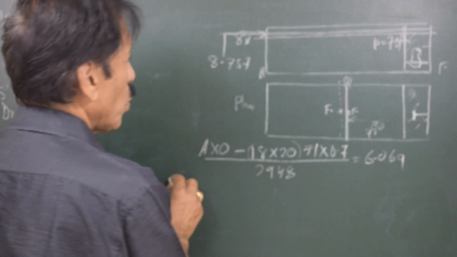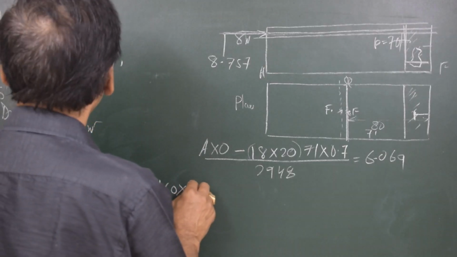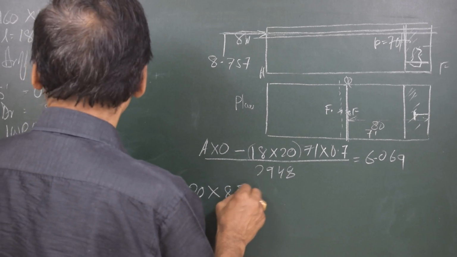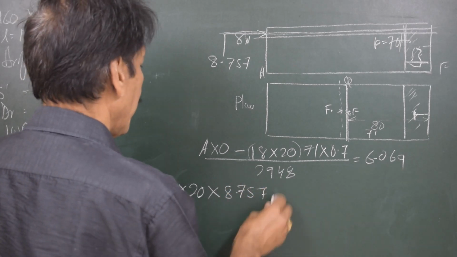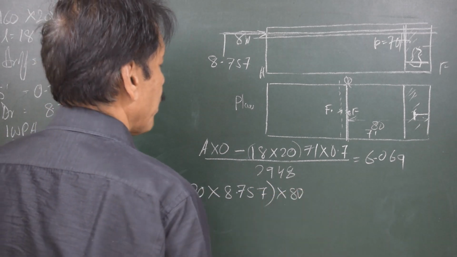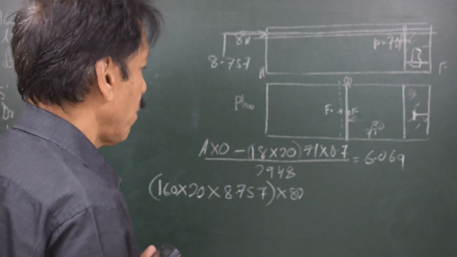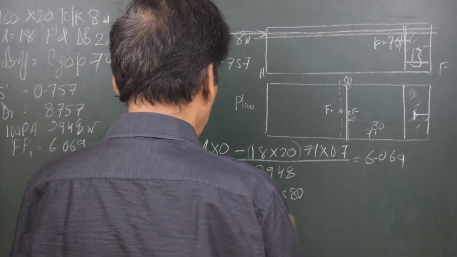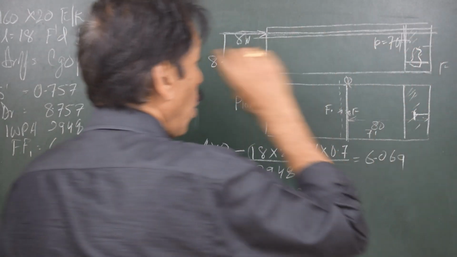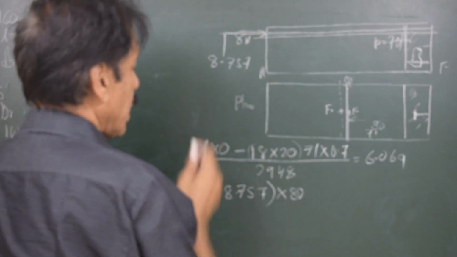First of all, the total volume. Total volume would be 160 into 20 into 8.757. This is the volume multiplied by distance, that is 80. I've taken the moment of total volume about the aft. Now from this I need to subtract whatever is lost in this area. First of all, let's take the top part.